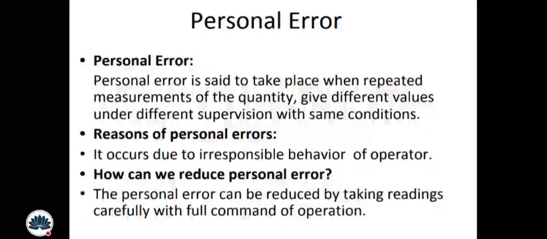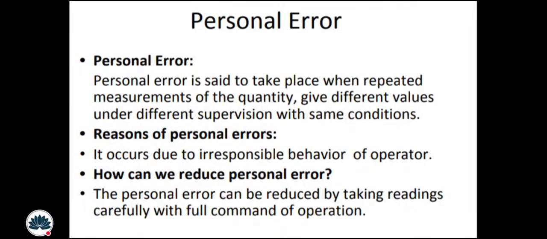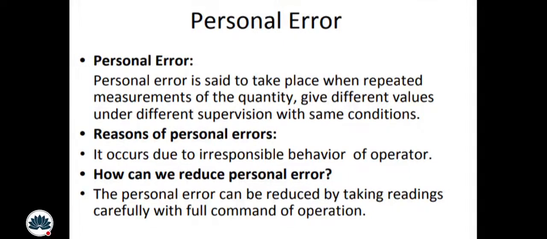That's why it's called the parallax error. For example, if you are noting the time and you are not a good operator, showing irresponsible behavior, such as stopping earlier than required or stopping later than the time you were asked to stop, or after the experiment has finished, then the time is inappropriate.